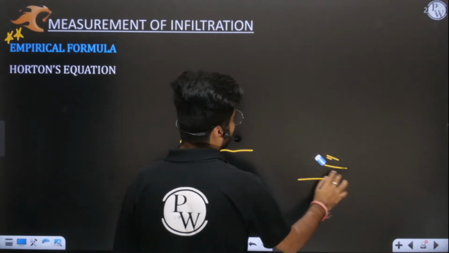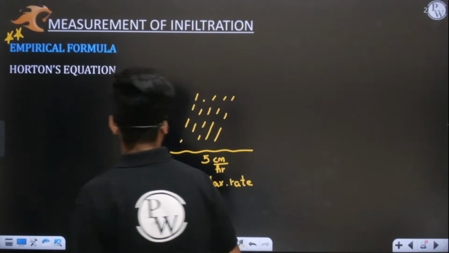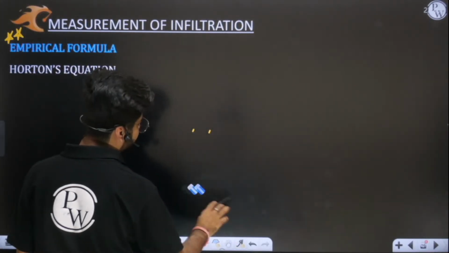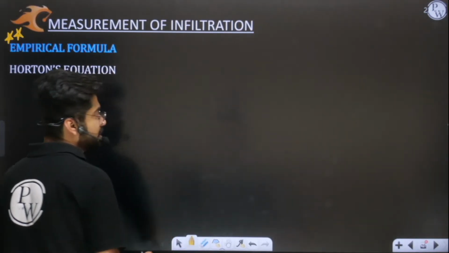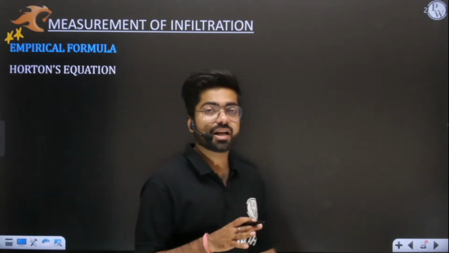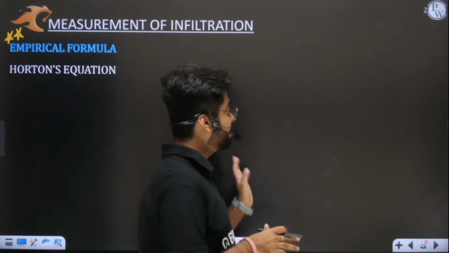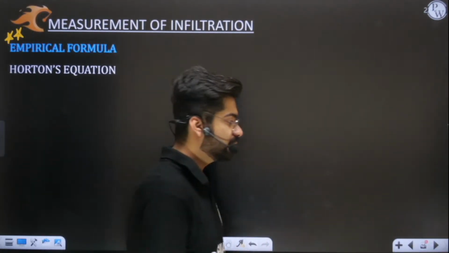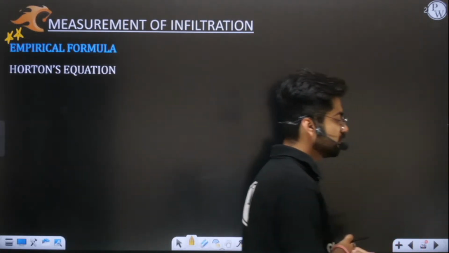So for that, Horton, a brilliant scientist, carried out many studies, and after so many experiments he concluded that infiltration capacity decreases exponentially with time. He came up with the idea of exponential decrease.